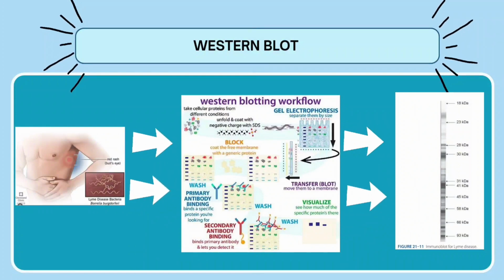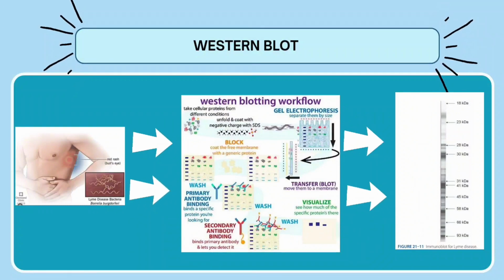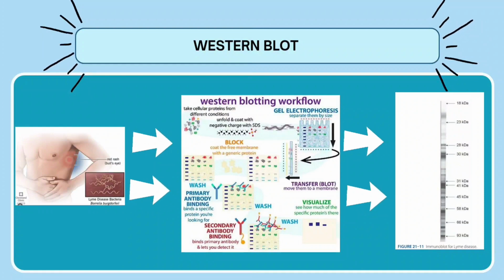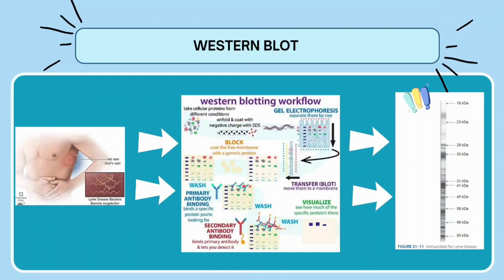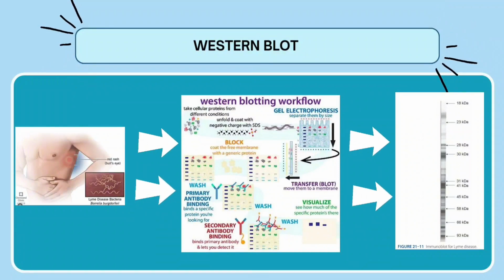For a result to be considered positive for the presence of a specific IgM antibody, 2 of the following bands must be present: 23 OspC, 39 and 41 kDa flagellin. The IgG immunoblot is considered positive if 5 out of 10 bands are positive. The 10 bands that we can see in Figure 21-11 are the 18, 23, 28, 30, 31, 41, 45, 58, 66, and 93 kDa.